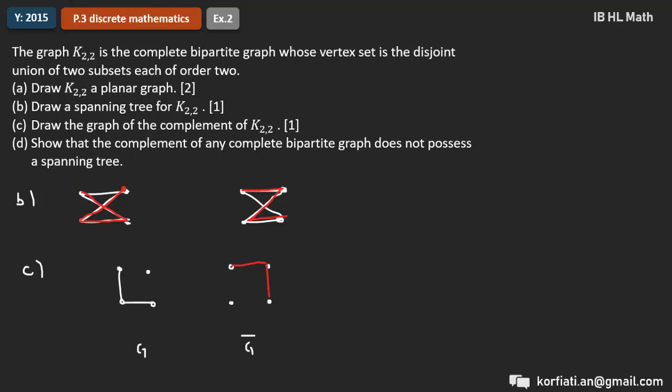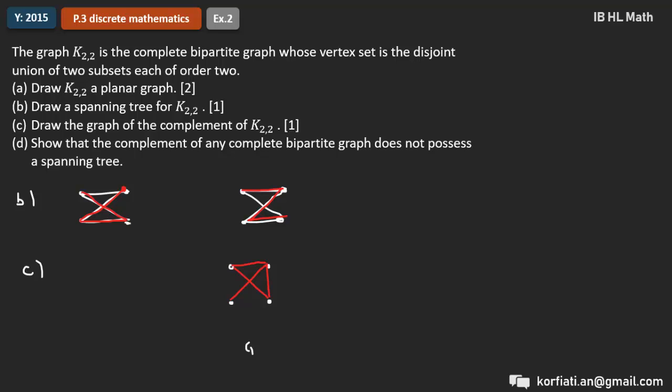So I will have this, and this edge here. You see, if I added the red edges to this graph, it would be K4, a complete graph. Very well.